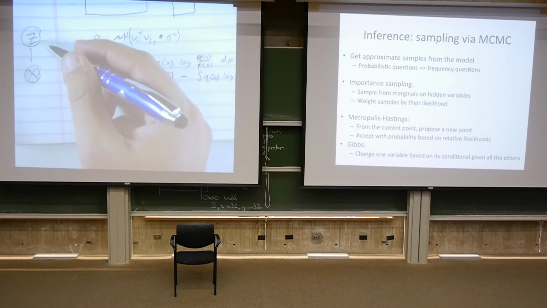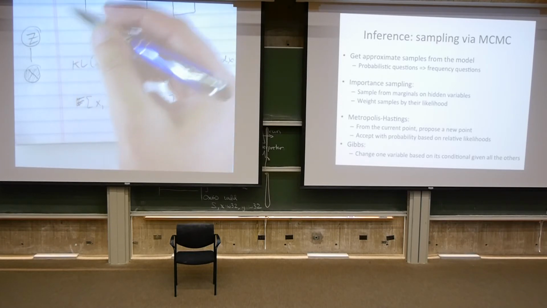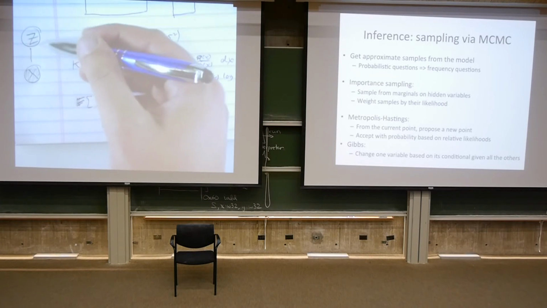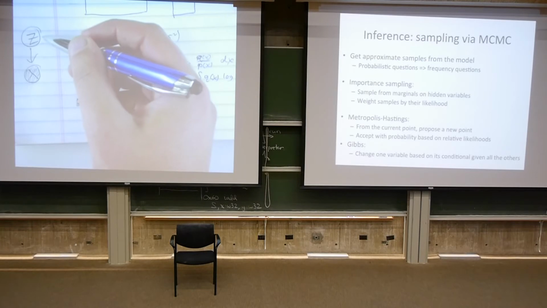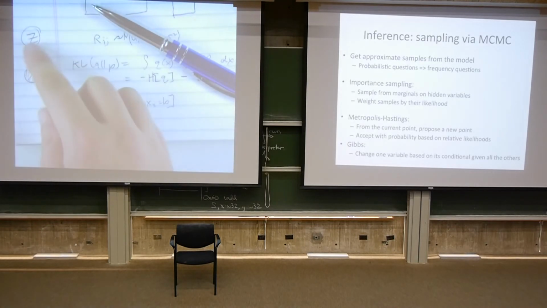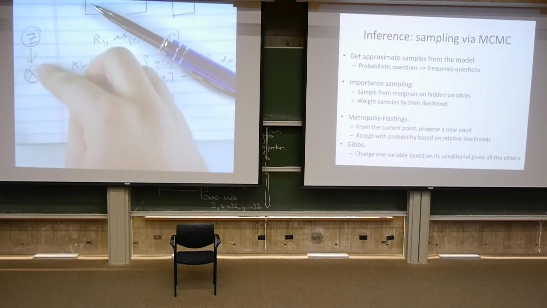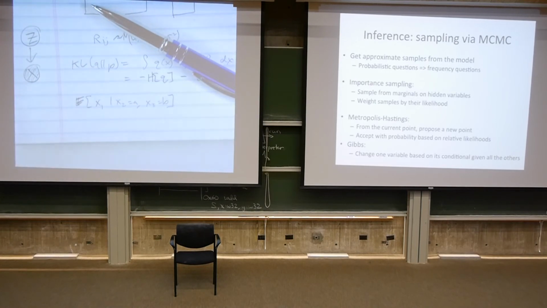Those are the variables we don't know the values of. So to sample this way, we can just take samples from the prior on z unconditionally, and then we can weight those samples by the likelihood given the samples that we have actually seen.